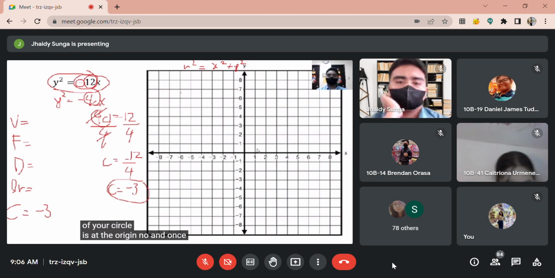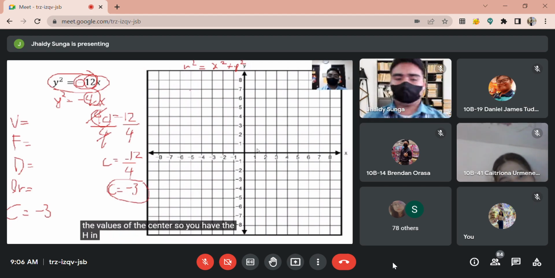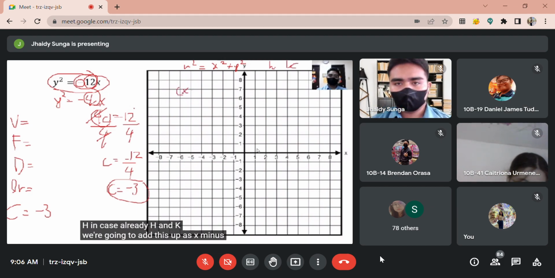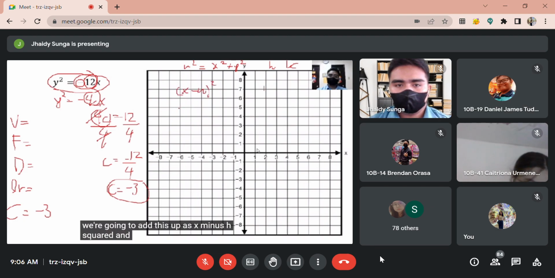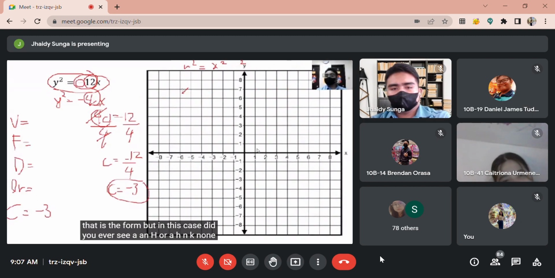And once you have the values of the center h and k, we're going to write it as x minus h squared and y minus k squared. But in this case, did you ever see an h or a k? No. Therefore, the vertex will be at the origin.